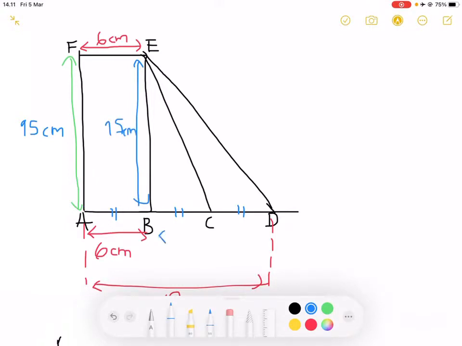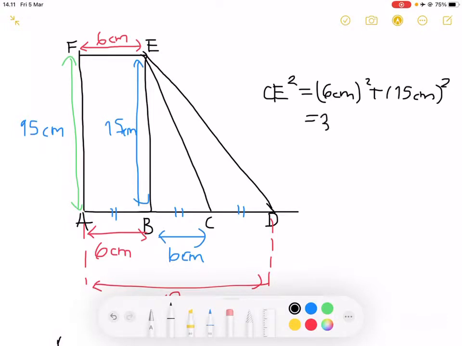And we also know this length is 6 centimeters, therefore we can just simply calculate the length of CE using the Pythagorean Theorem. We know that C is the hypotenuse, the longest side, so C squared is equal to 6 centimeters squared plus 15 centimeters squared.